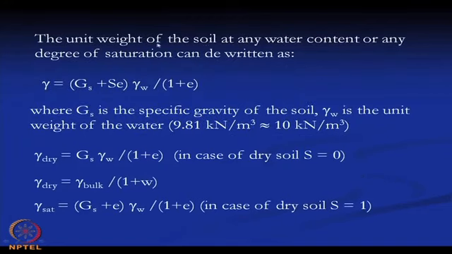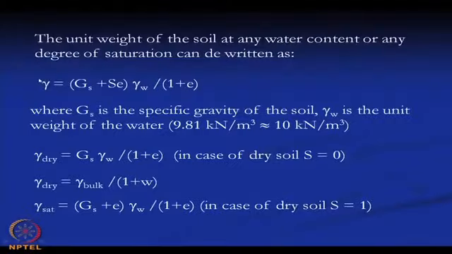Now, the unit weight of soil at any water content or any degree of saturation can be written as, because as I have mentioned, soil can be in different stages. It can be in the completely dry stage, it can be in the completely saturated stage, or it can be partially saturated, not completely saturated.